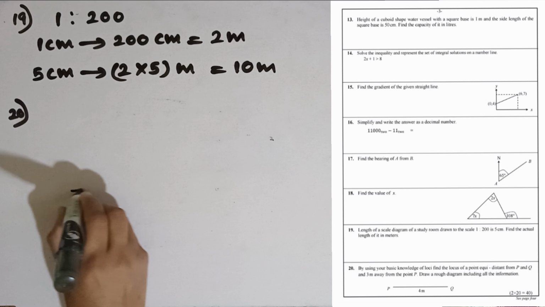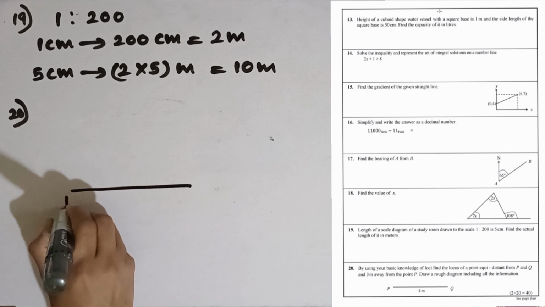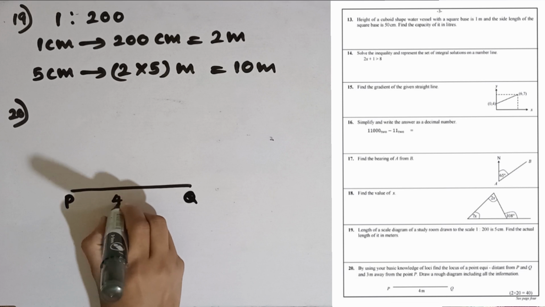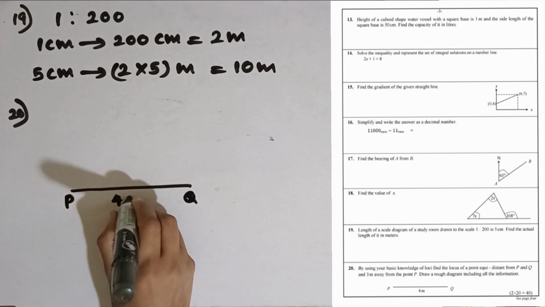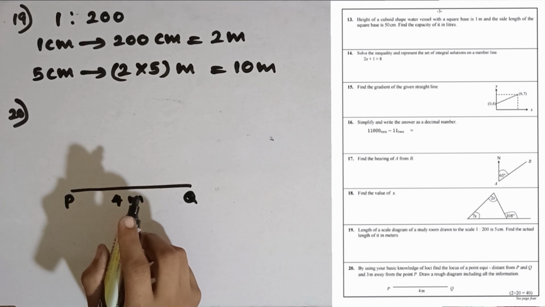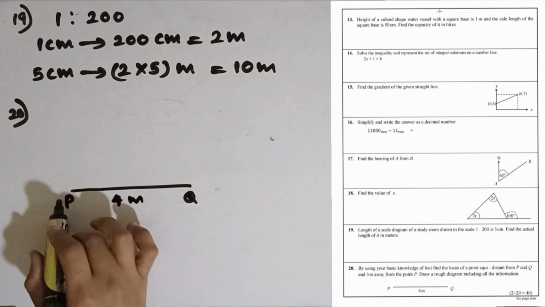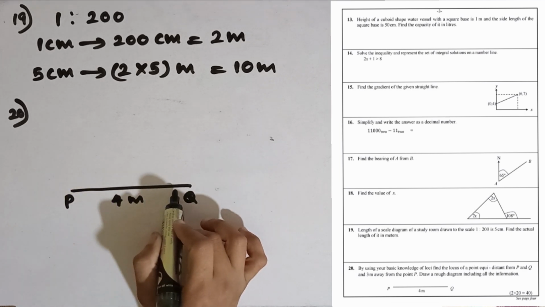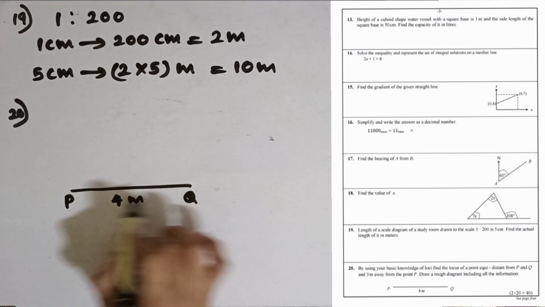I'll draw the diagram first. P and Q are given like this. The length is 4 meters. Equidistant from P and Q. For that we have to take the perpendicular bisector of this straight line PQ.